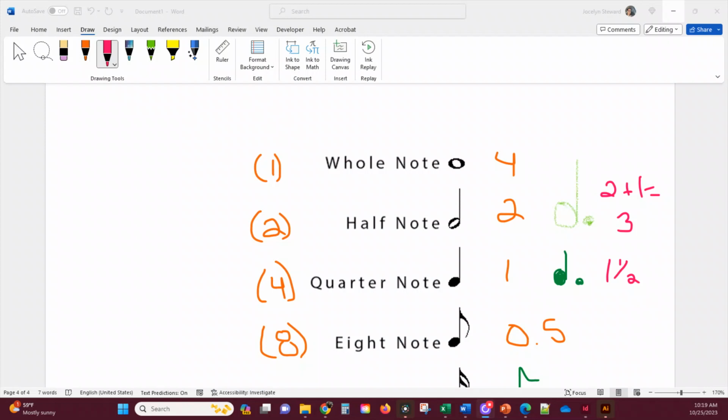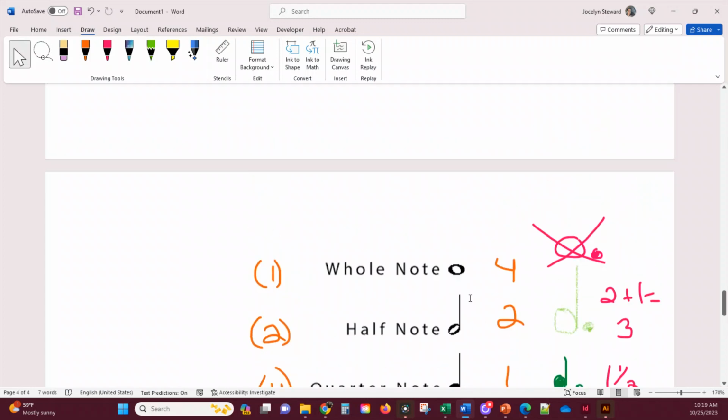Now we can have a dotted quarter note in certain music that has 6 beats, and we'll talk about that. But for today, no, we would not see a dotted whole note.